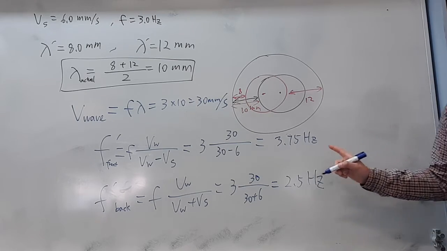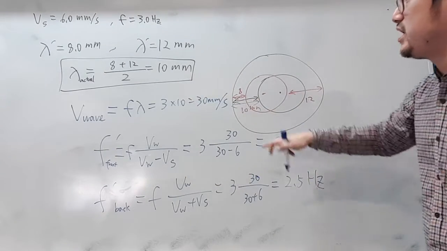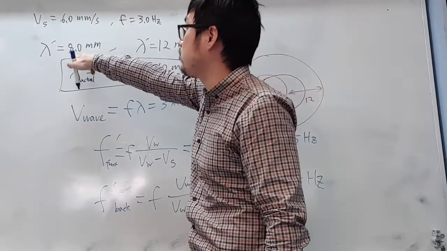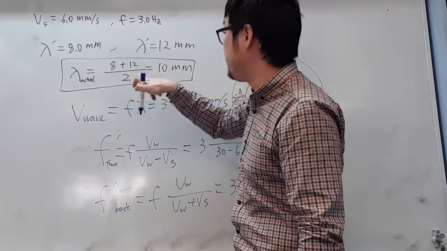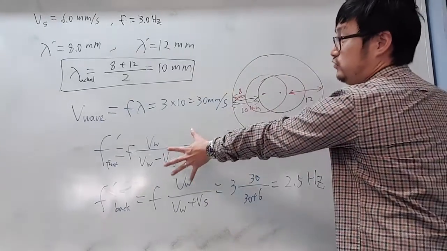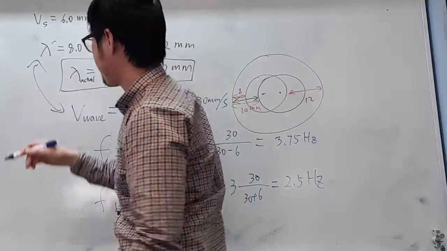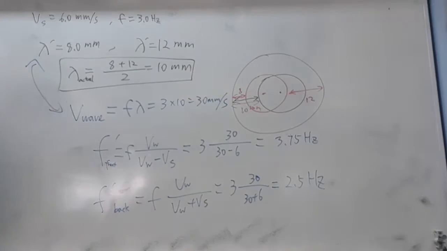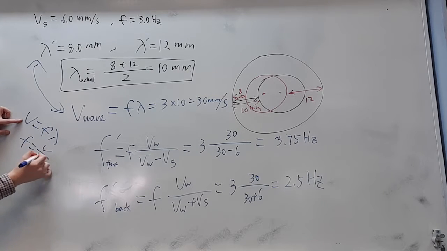And then if I want to calculate the actual speed, if I use this one with the actual speed of wave, I can actually also calculate. I don't even need to use these two equations. I can use these two pieces of information. V equals f lambda, and then f equals V over lambda.